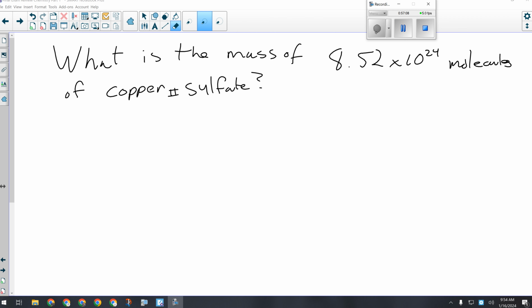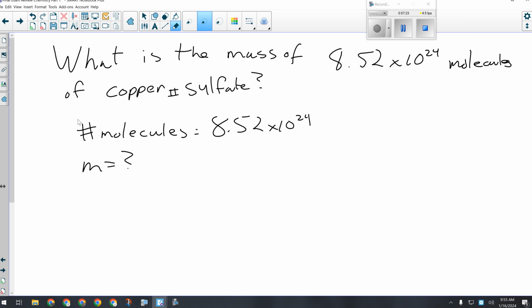Okay, looking at this one. All right, so they told us the number of molecules. Okay, that's 8.52 times 10 to the 24. They want to know the mass. If I'm going to get mass, then I need to know the number of moles and the molar mass. Okay, it's copper 2 sulfate, so that's CuSO4.